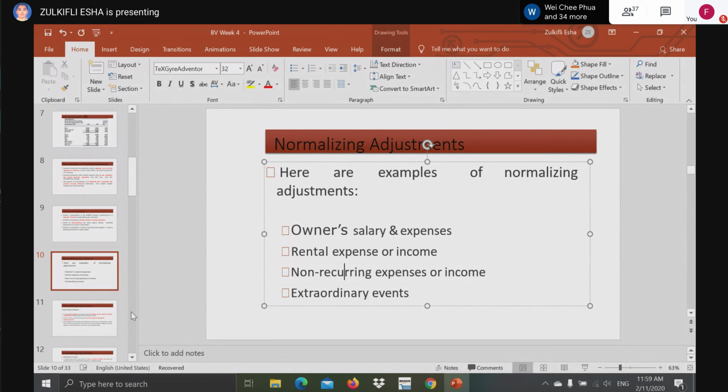It may be more complicated than what you have seen, because what we teach you is a very basic concept or principles on how to do business valuation.